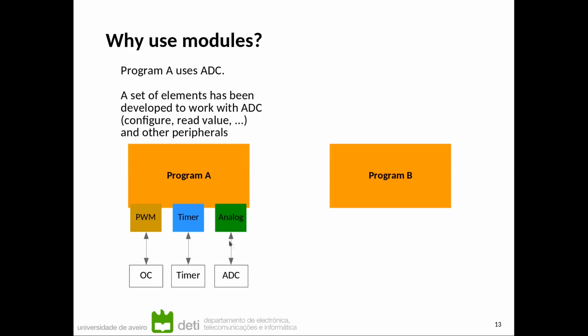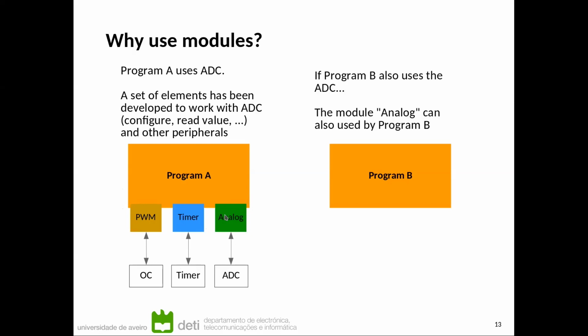I have this analog module, and I also have other peripherals, and I have developed other modules to work with the output compare module to generate PWM, with the timer to control the timers, etc.